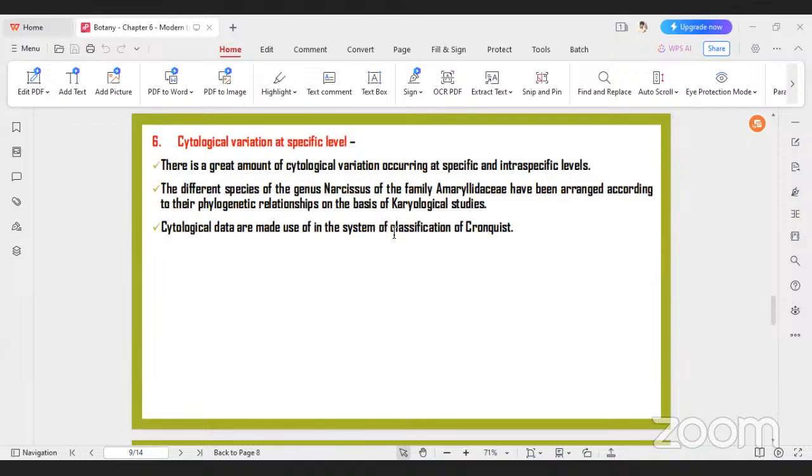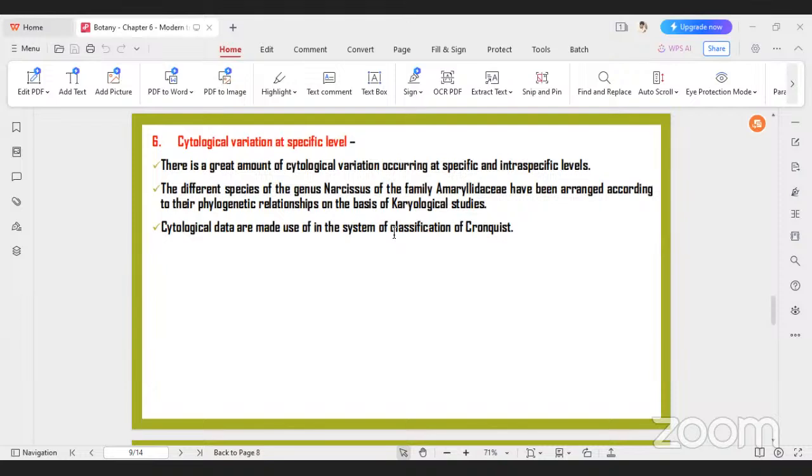Cytological variation at the specific level. There is a great amount of cytological variation at the specific and also the intraspecific level. The different species of the genus Narcissus of the family Amaryllidaceae have been arranged according to phylogenetic relationship on the basis of karyological study.